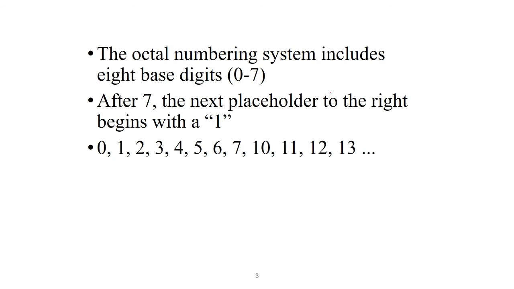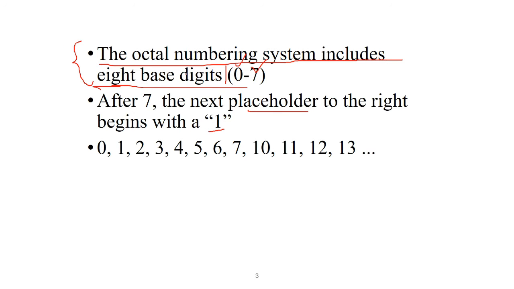The octal numbering system includes 8 base digits. It starts from 0 and it ends at 7. So these are the 8 base digits that we have. After 7, the next placeholder to the right begins with 1.